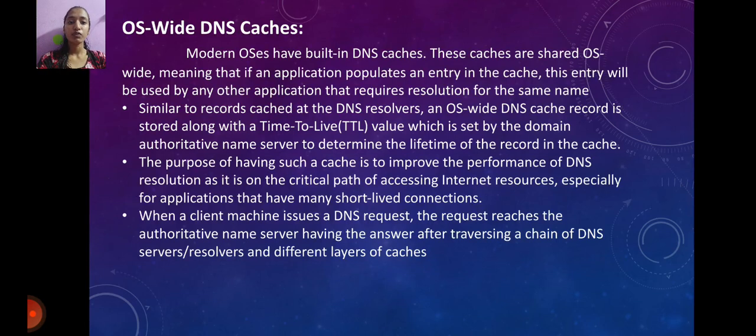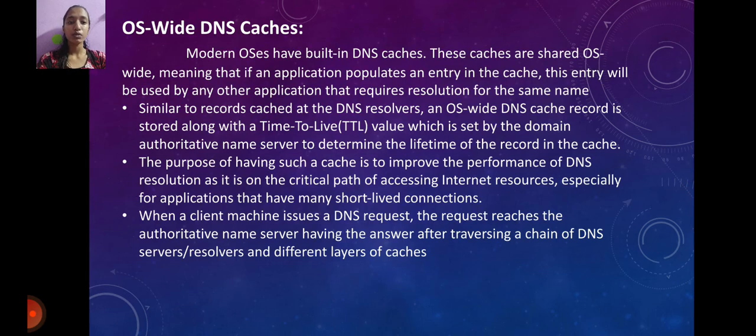The purpose of having such a cache is to improve the performance of DNS resolution as it is on the critical path of accessing internet resources, especially for applications that have many short-lived connections.